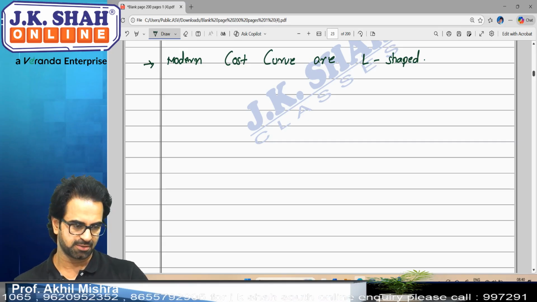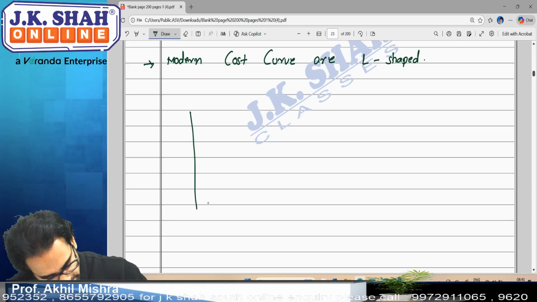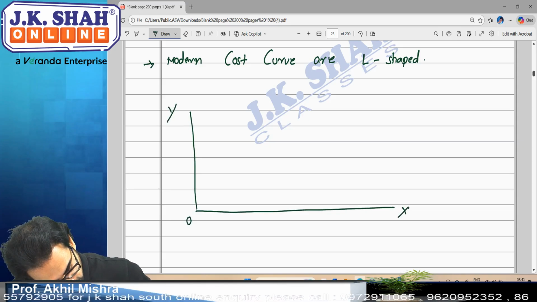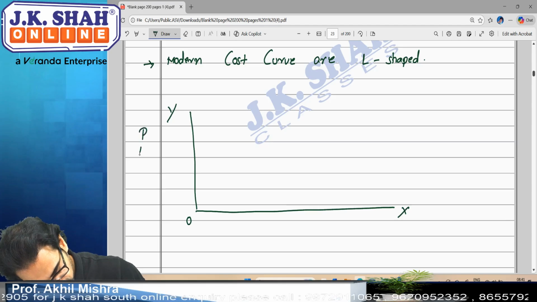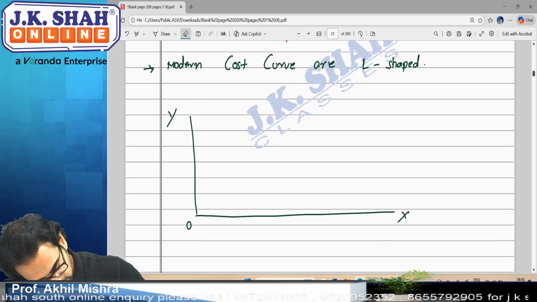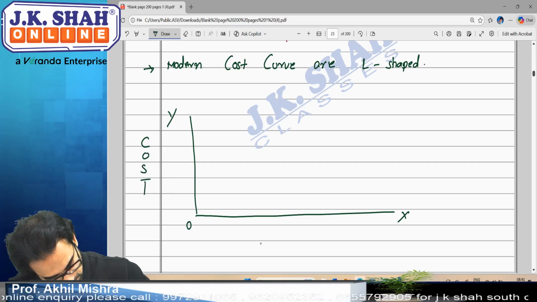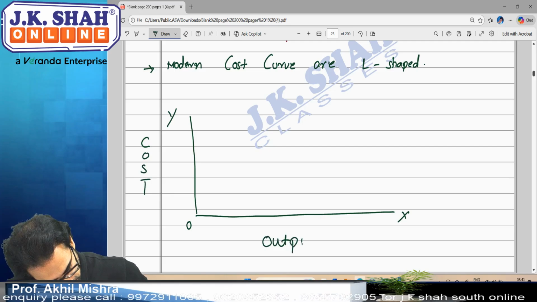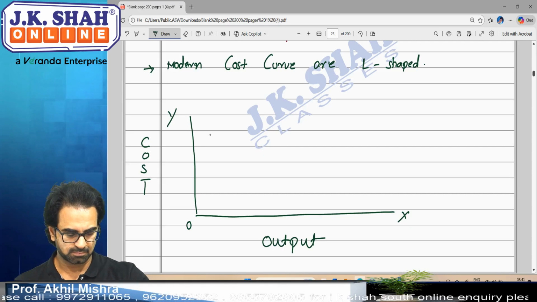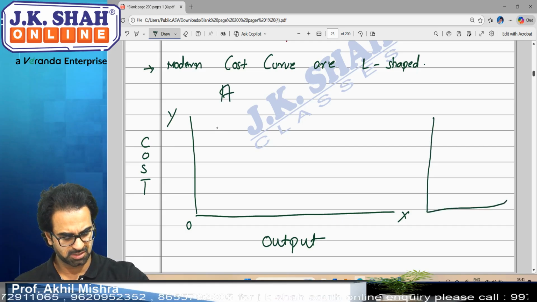If you see it very carefully, this is diagram A, this is diagram B. This is a cost curve.